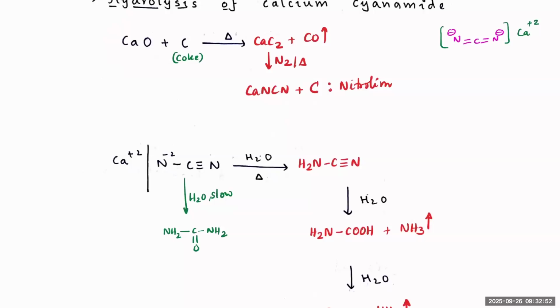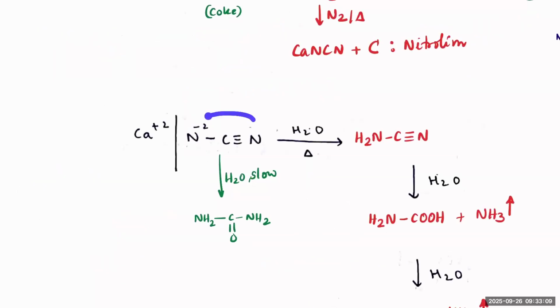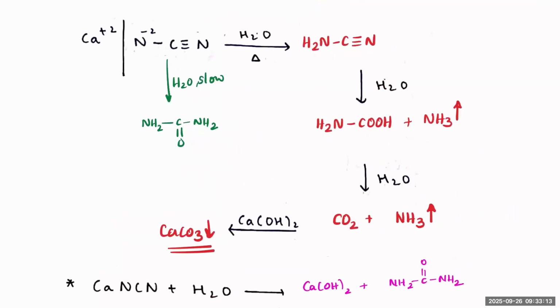And this would have a resonating structure in two different ways. I can put this lone pair here, push this minus charge here. So that way we'll get N triple bond C single bond N with two minus. That's the resonating structure which I have written to showcase the mechanism.